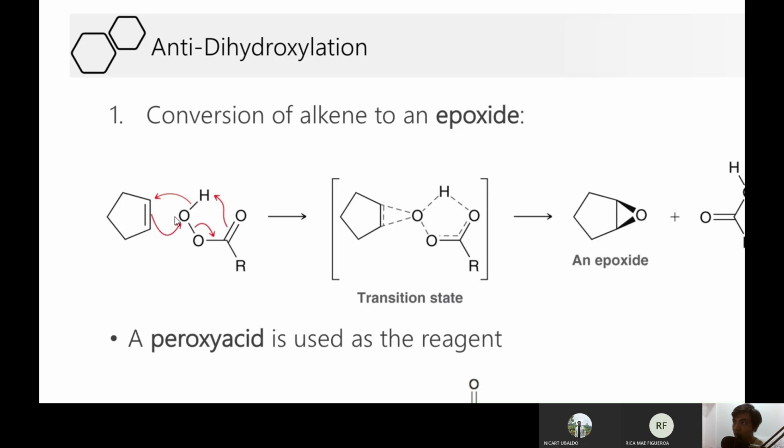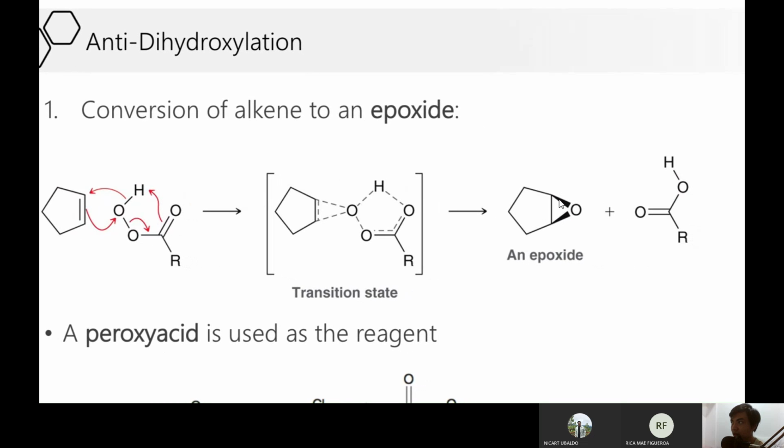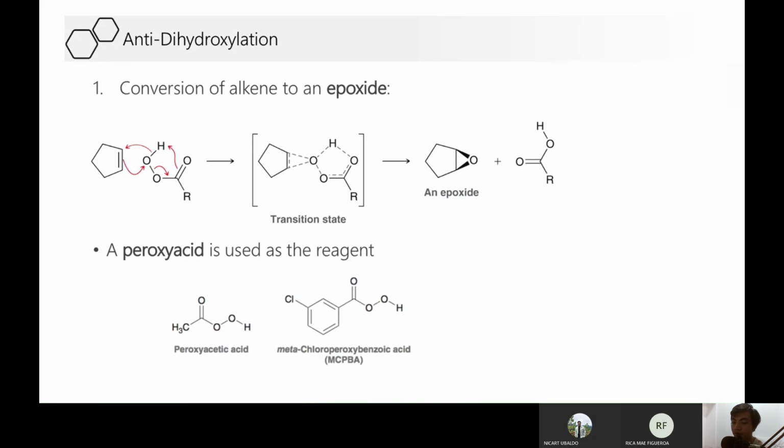So dahil sa induction effect, kung naalala nyo pa, aatakihin yan ng double bond. No? Then that closes the ring to form this epoxide. Okay? So ang itsura ng epoxide, that is a triangle wherein your bonds are on the same side, pwedeng nasa harap, pwedeng nasa likod, then oxygen yung isa doon. Plus your carboxylic acid product. Okay? So yan yung first step.